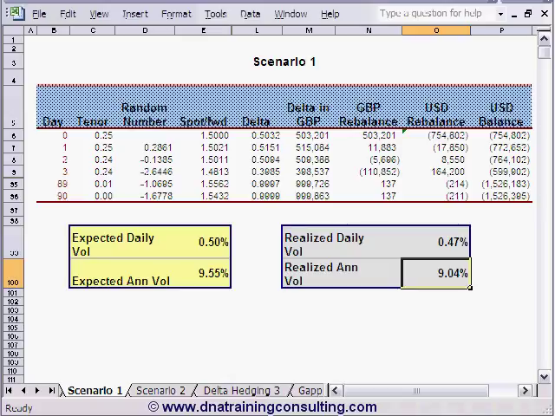If you try this several times in a row, you will have numbers appearing in these two cells here in column O that will occasionally lie below and occasionally lie slightly above the expectations of the trader in cells E99 and E100.